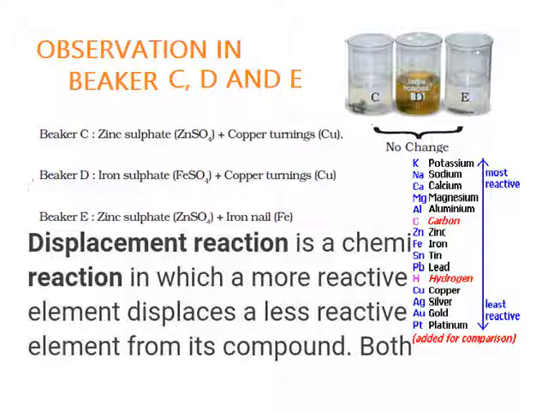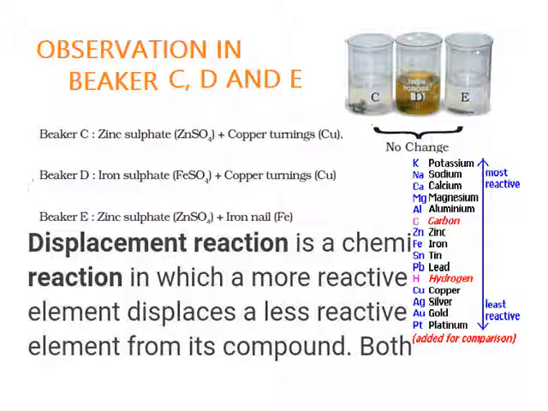And in beaker D, iron sulfate and copper, the same thing. Copper is the lowest of all the three. So iron comes above, and copper cannot react with iron sulfate. A less reactive metal cannot react with a more reactive metal. And that's why here also no reaction is taking place.